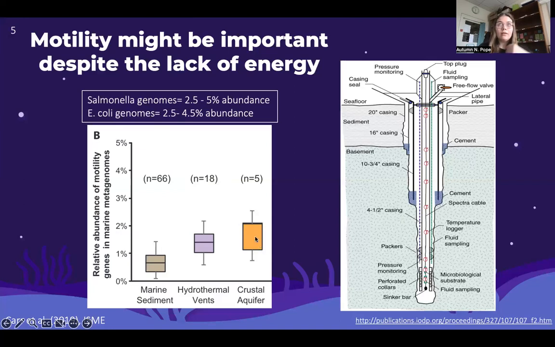So even though these microbes live in a very nutrient limited environment, they obviously have the genes for motility, and my project has been trying to understand how those are being used, and if they're actually being used.